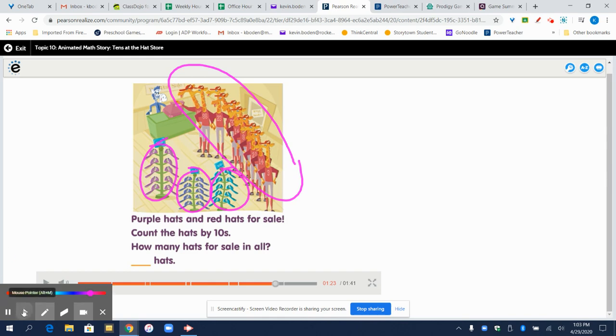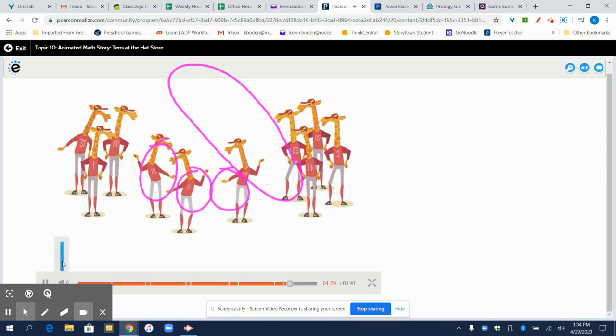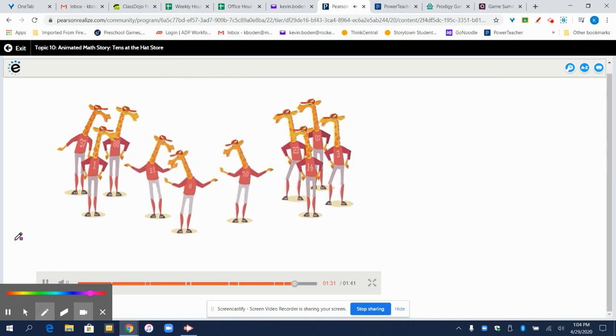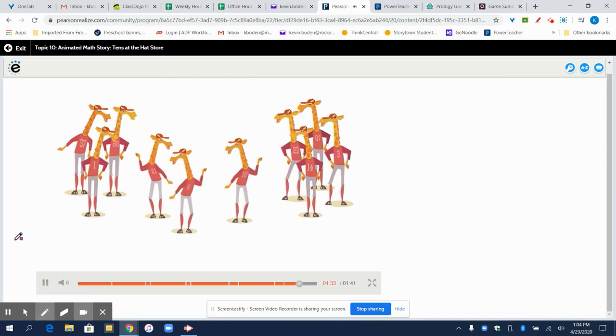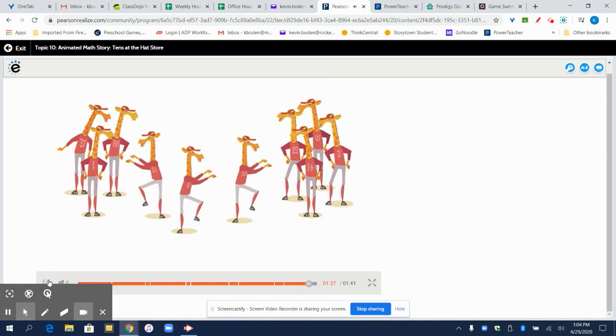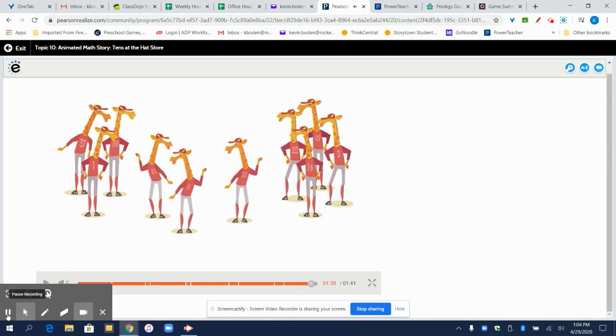Let's see if we got the same answer as they did. 40. Well done. They're just having a little dance party, all these silly giraffes, to end our problem. So I'm going to stop those little things from dancing, and we'll move on to our actual math papers today.